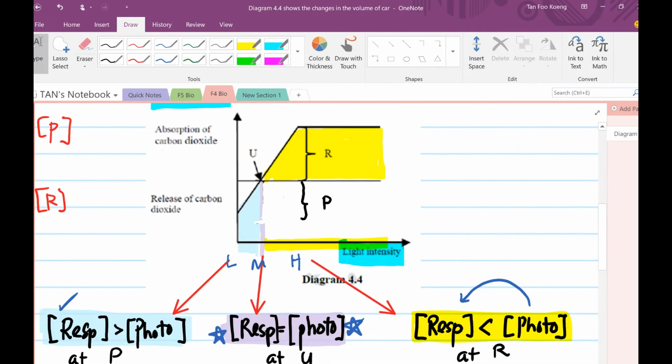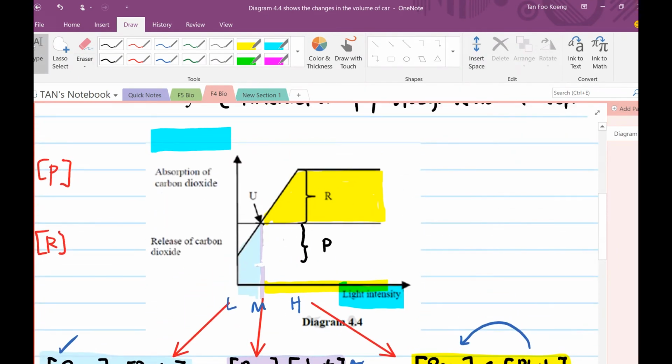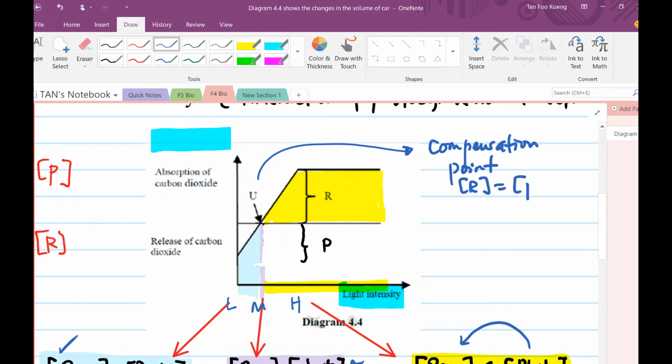so hope you understand this graph. What is meant by R, U, and P. To recap, U is the compensation point. This is the point when the light intensity is sufficient so that the rate of photosynthesis is the same as the rate of respiration.